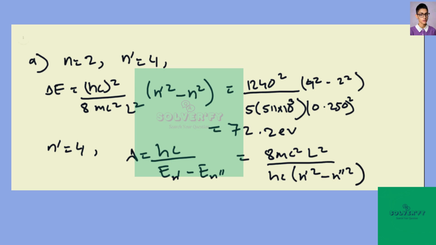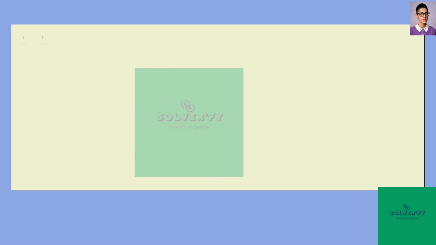Then, for example, for a transition from n' equal to 4 to n'' equal to 3, substituting the values for n' to be 4 and n'' to be 3, the photon emitted will be of a wavelength 29.4 nanometer.